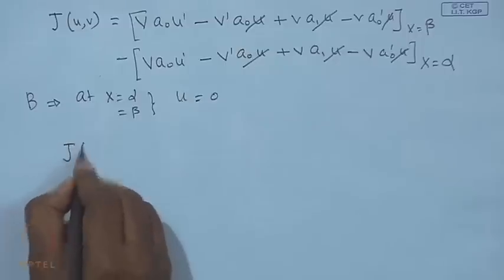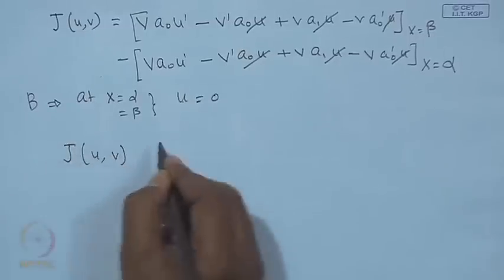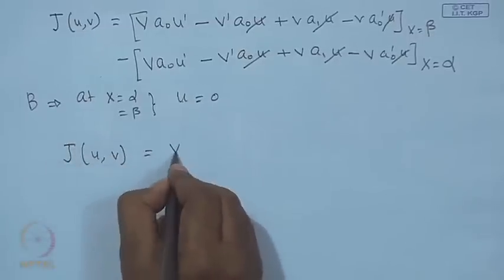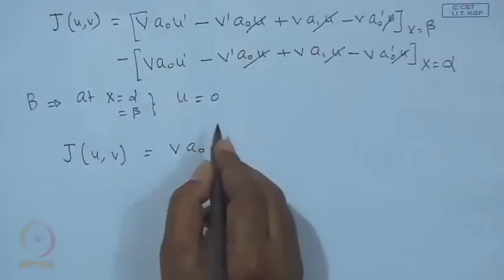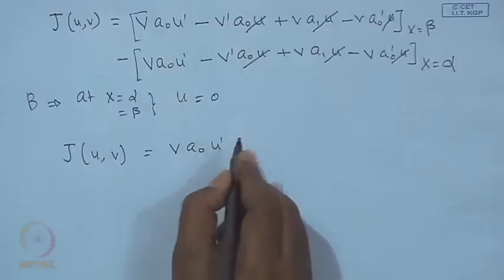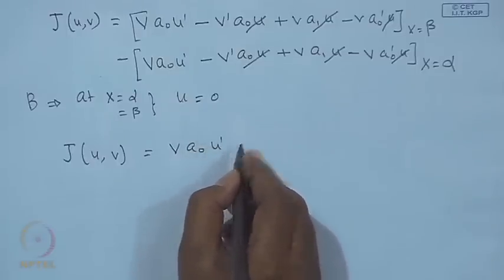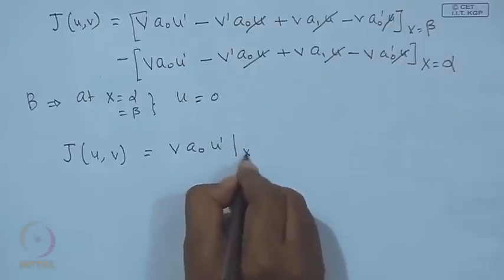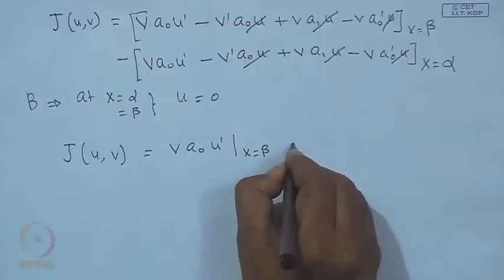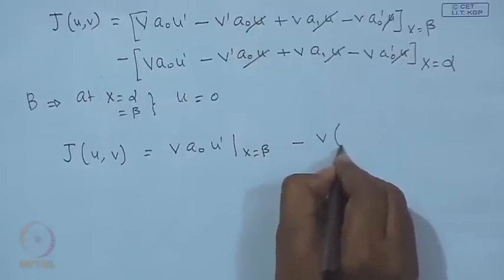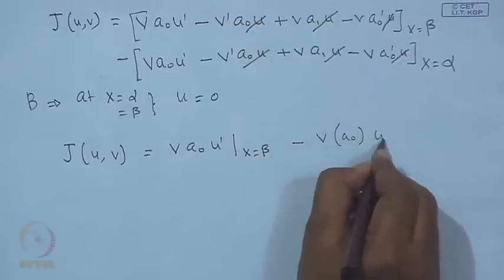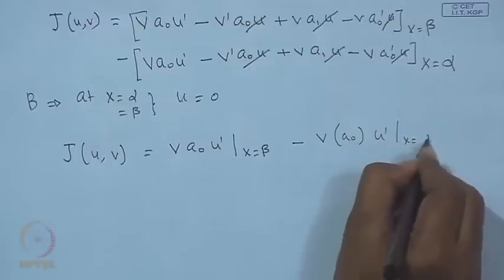So, j u v becomes v a 0 u prime at x is equal to beta minus v a 0 u prime at x is equal to alpha.